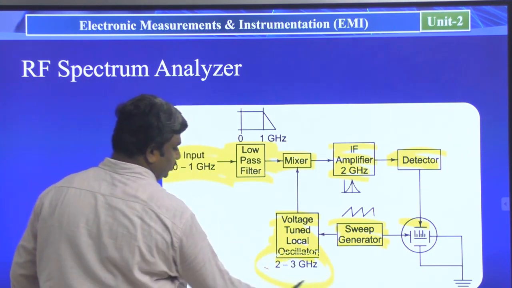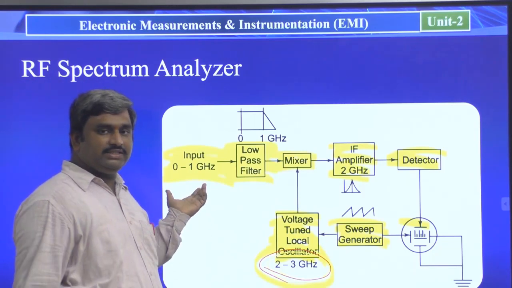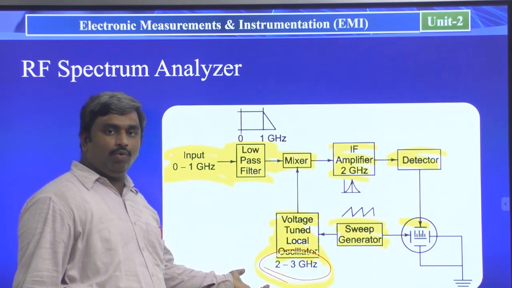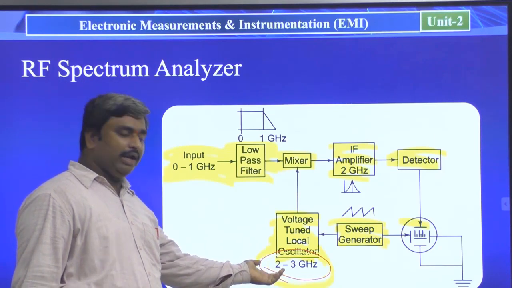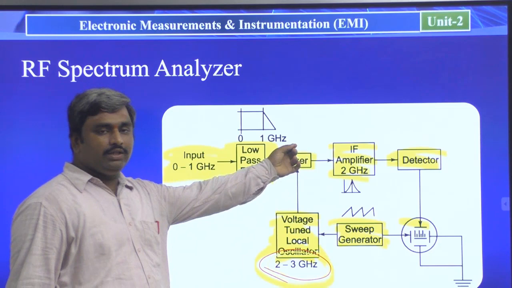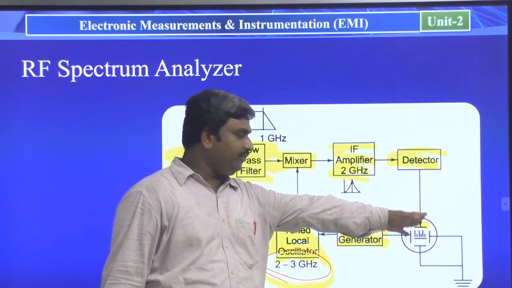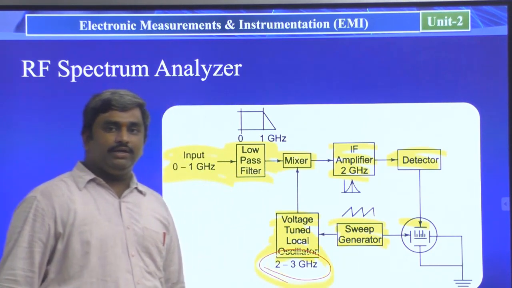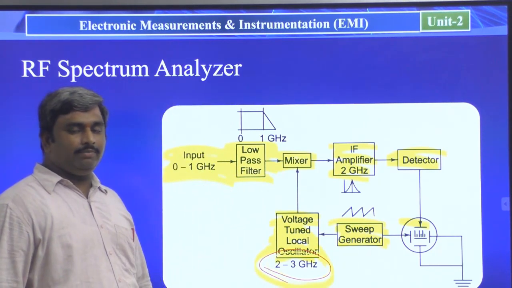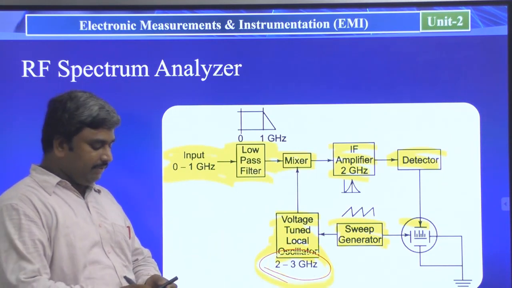The input signal is less than 1 gigahertz, and the voltage tuned oscillator is running at 2 to 3 gigahertz. Now these two signals are mixed here, then connected to the IF amplifier. Then we have the detector and video amplifier stage. Finally, we have the display section of the spectrum analyzer. So this is the basic view of the RF spectrum analyzer.